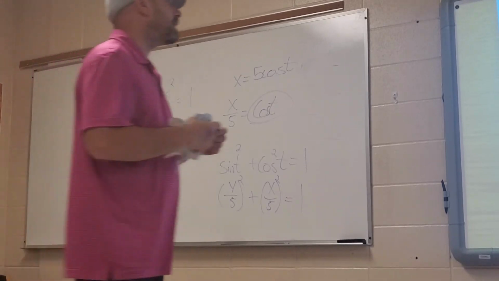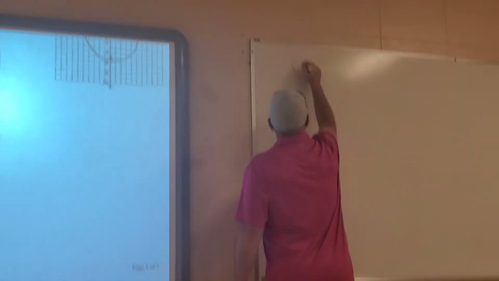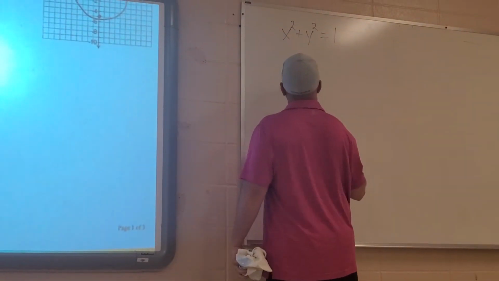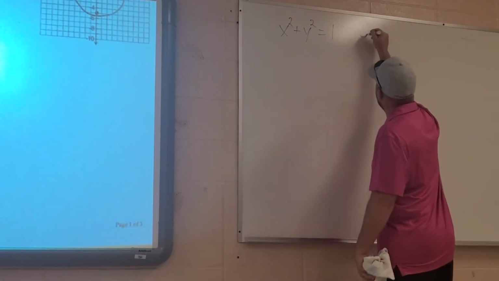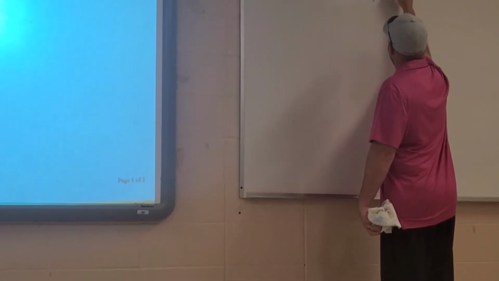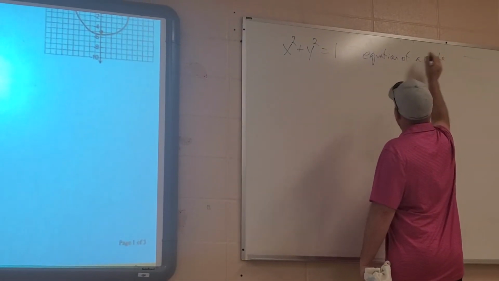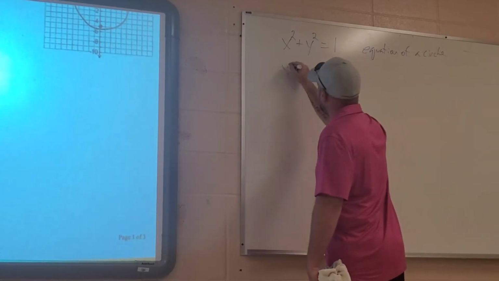So, guys, here's how this works. The equation of a circle is x squared plus y squared equals r squared.